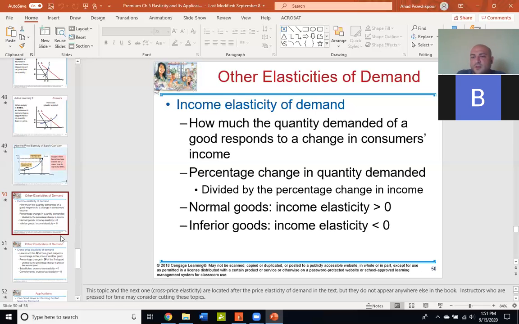Because we're all living on a limited budget and we have limited time. We have too many things to do. So as we are richer and richer, as we graduate and find work, we will consume less and less fast food and more better types of food.